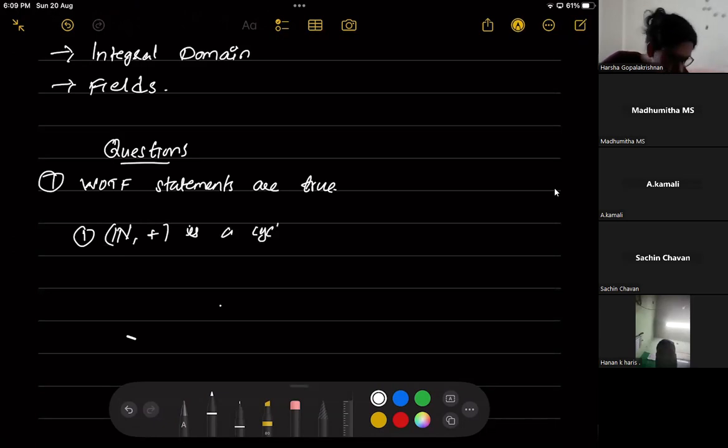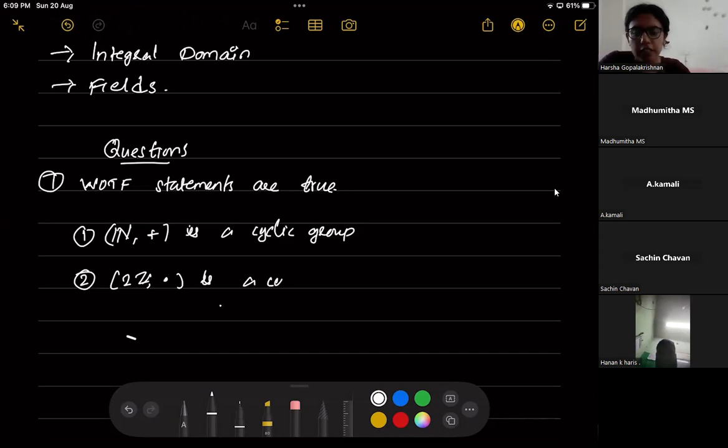And the second statement is: 2Z under multiplication is a cyclic group. We need to check whether any of these statements are true or not. So does anyone have any guess?